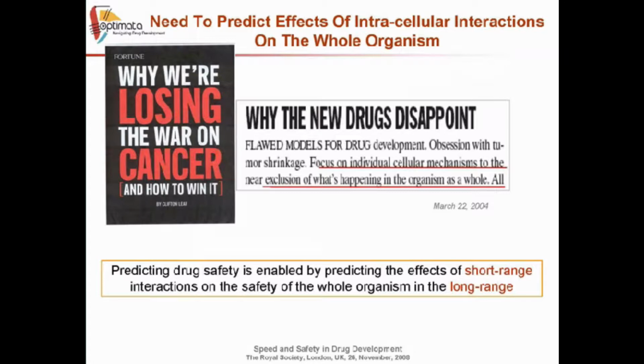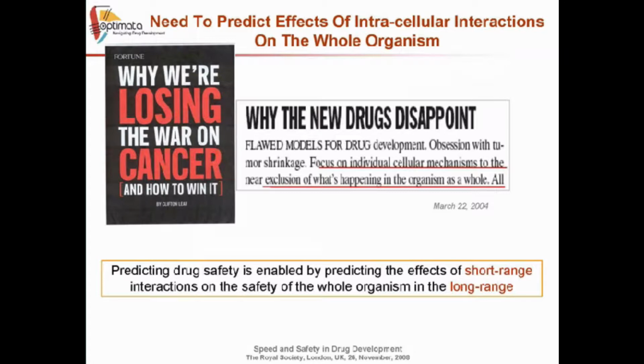And that this relation of long-term interactive effects of drug on cells and tissues, the relation between that to the long-term effect on the phenotype of the patient is enabled by studying the dynamic processes that relate these two levels of organization.